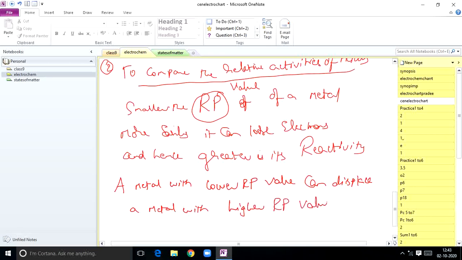Very, very important. All displacement reactions will work on this principle.